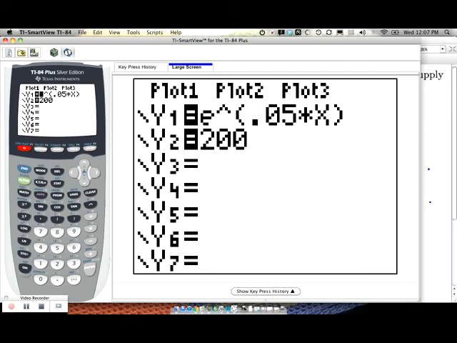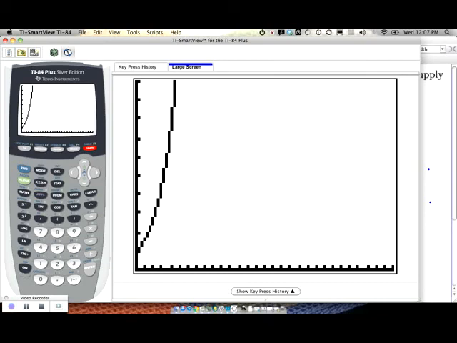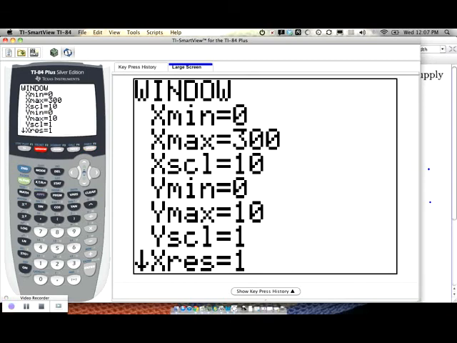We need to change the window here, it looks like. The x maximum, oh, we didn't need to go to 300 there. We need the y maximum to go to 200. It looks like our x, we can probably go just to about 50.